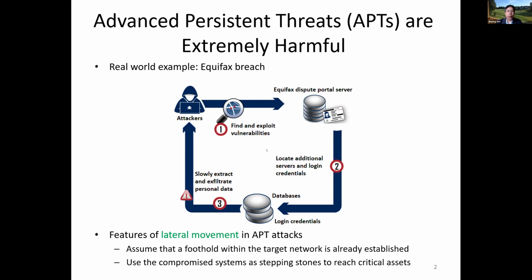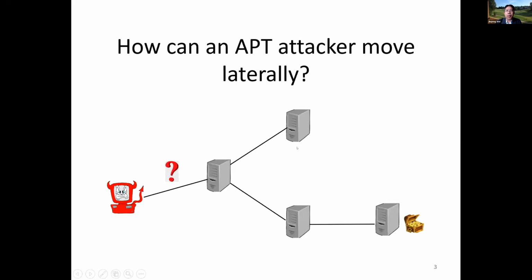So how do APT attackers make the lateral movement? That's the research question. Once they compromise one node, how can they systematically move laterally into other systems until they can reach their critical assets?